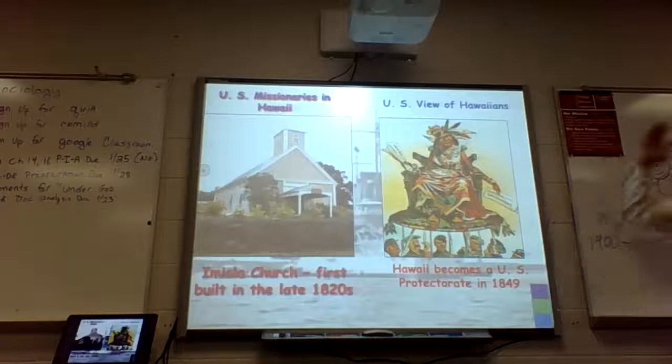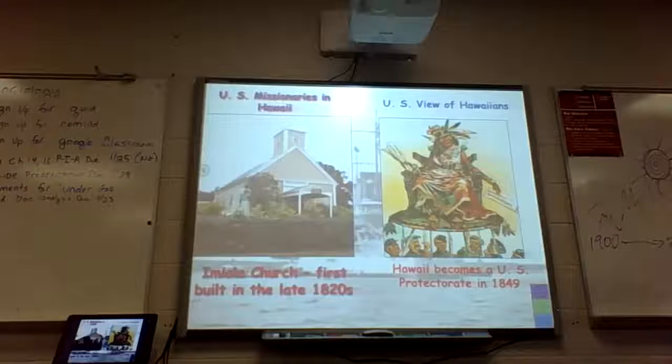Over here, if it weren't so sad, it would be an amusing drawing of what happened in Hawaii. Anybody know who that is? She's the queen of Hawaii. That's exactly right. Queen Liliuokalani. And again, you can see the stereotypic big-lipped, almost monkey-looking depiction of the queen.